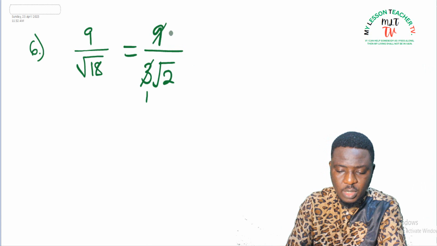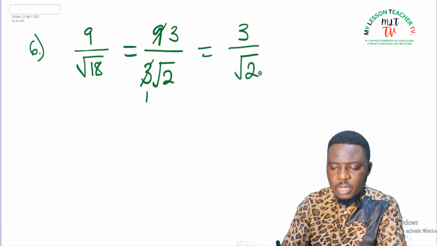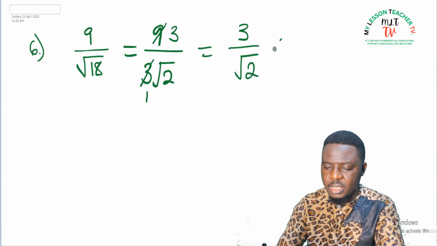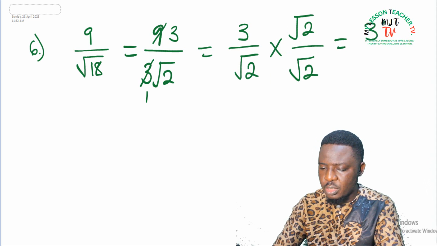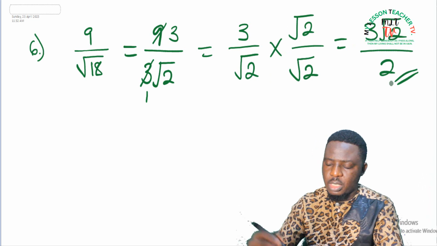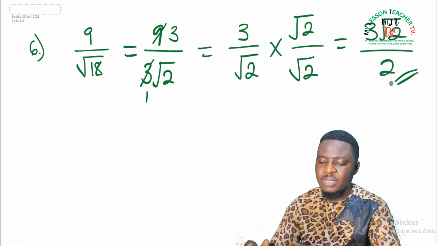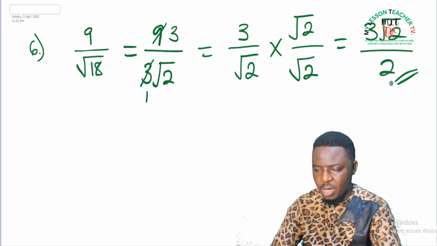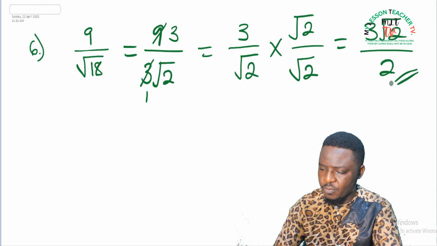So 3 into itself is 1, into 9 is 3, leaving us with 3 divided by root 2. We can then rationalize by multiplying by root 2 divided by root 2. So this becomes 3 root 2 divided by 2. And we leave it at this point. Now, you can simplify it to get a decimal if stated. Otherwise, it's best you leave it in this form.